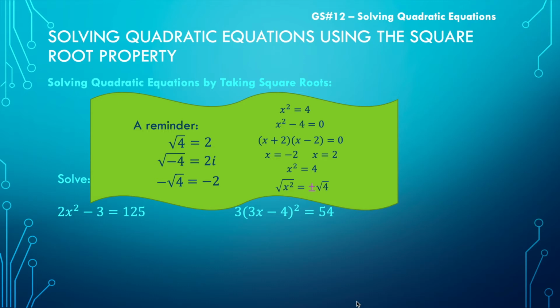So we need both possibilities. Whenever you are taking the square root in an equation like this, we need to remember the plus or minus symbol. And so we would end up with x equal to plus or minus 2, which is exactly what we found when we solved it by factoring.